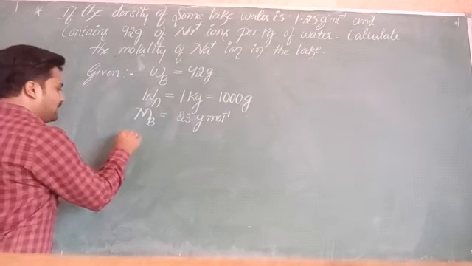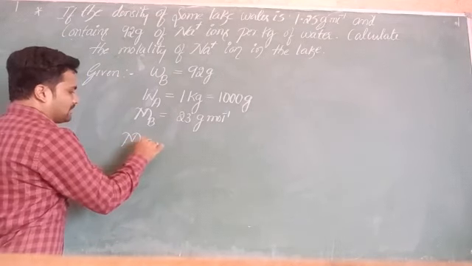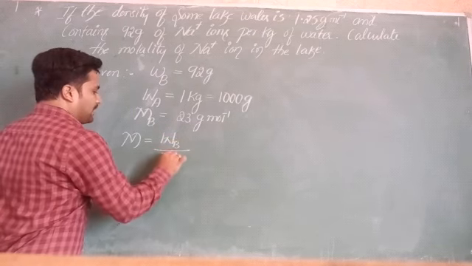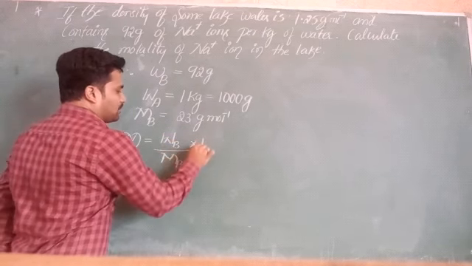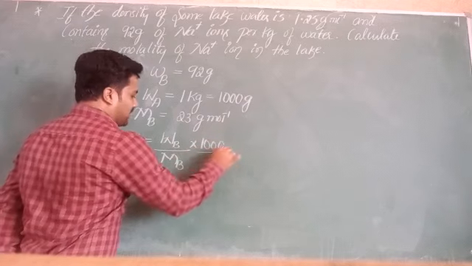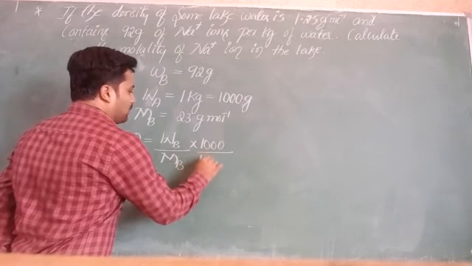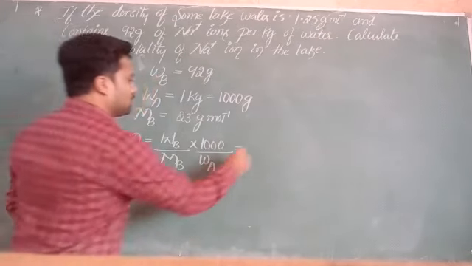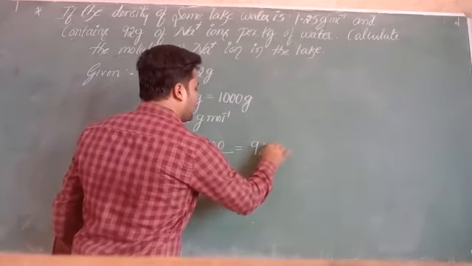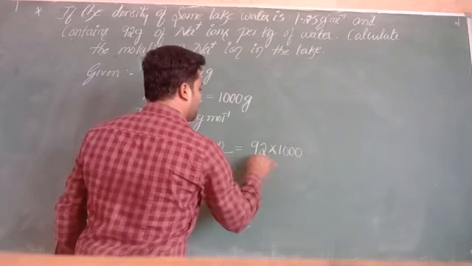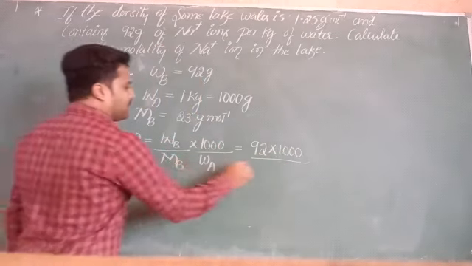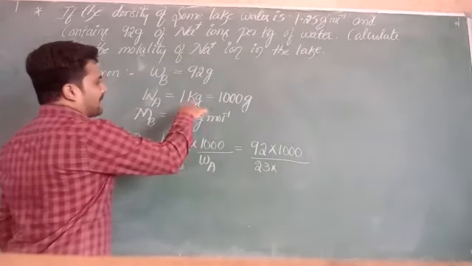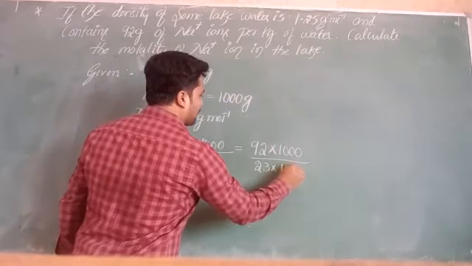So now we need to calculate molality, that is molality is equal to Wb by Mb into 1000 divided by Wa, right? So Wb, that is 92, into 1000 divided by Mb, that is 23, into Wa, 1 kg, that means 1000 grams.